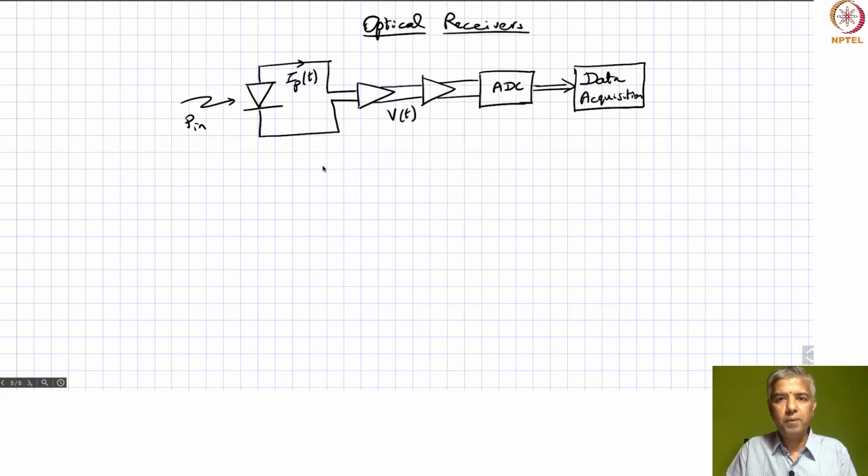With further amplification, it is typically fed into an analog to digital converter, and then interfaced with a data acquisition circuit, right?